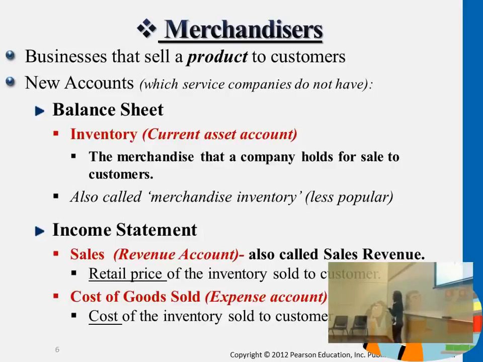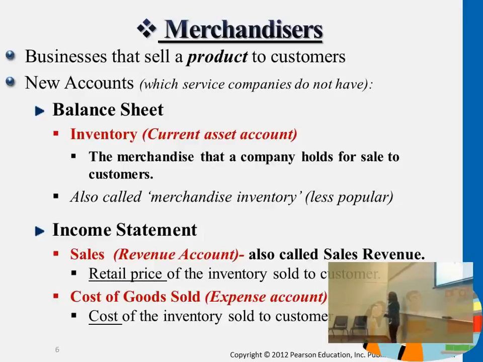Just remember that it's similar to the idea that earlier we mentioned supplies purchased as an asset, and then when we use them up, we call it supplies expense. Or in chapter 3, we also mentioned the prepaid insurance asset account or prepaid rent account. Then when we use them up, it's called rent expense or insurance expense.